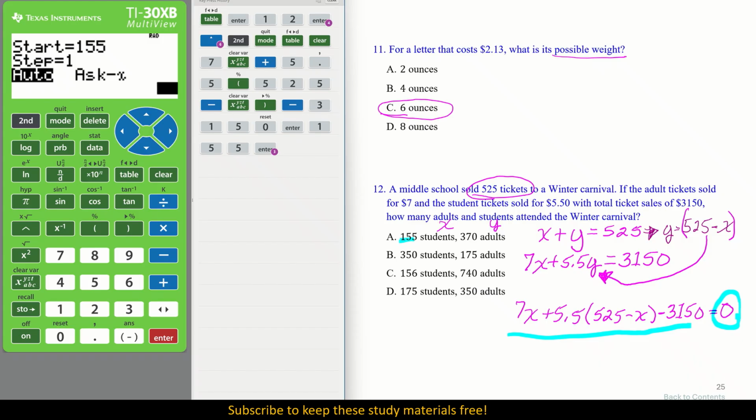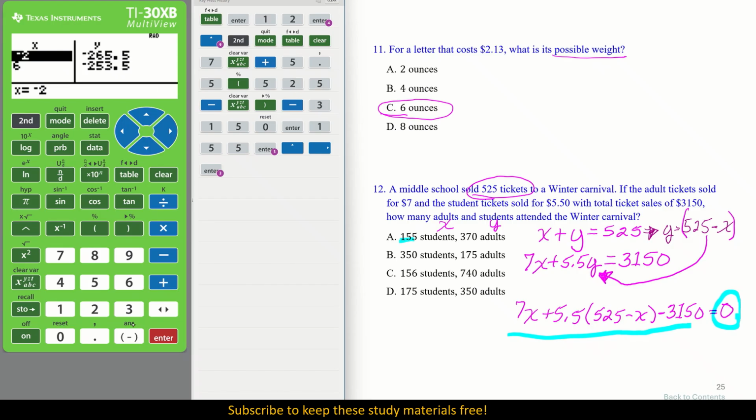Or we could do the ask. No, let's go back up. Go to auto. It's there. Now let's go to ask. Let's not even do that. Enter and enter. This is old stuff from a prior question. Delete those. Go down, delete. Now go back up.